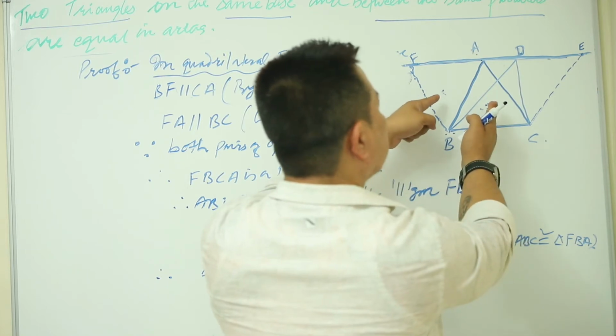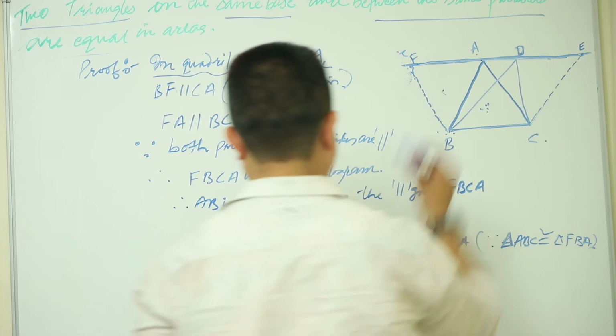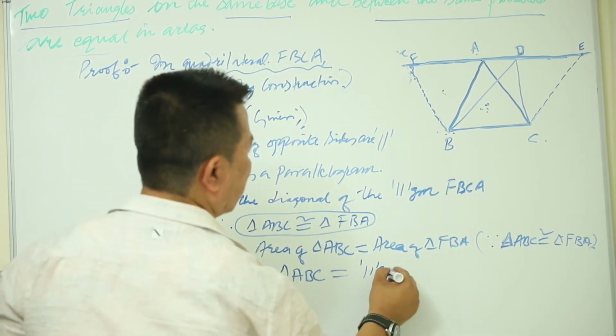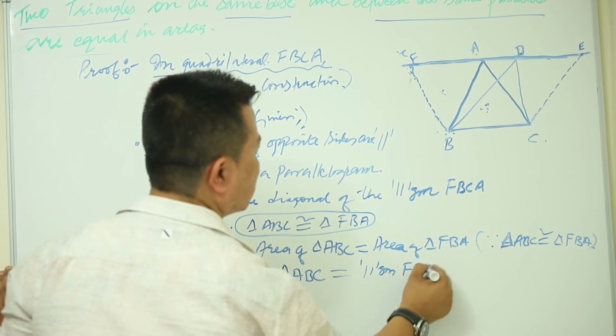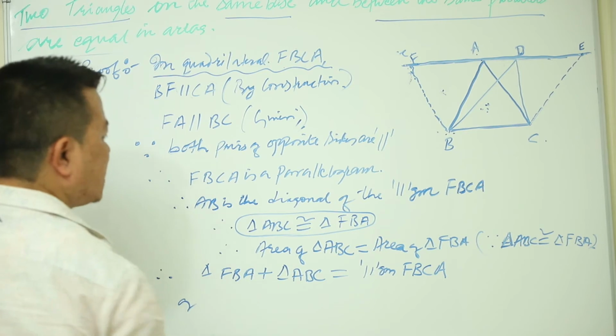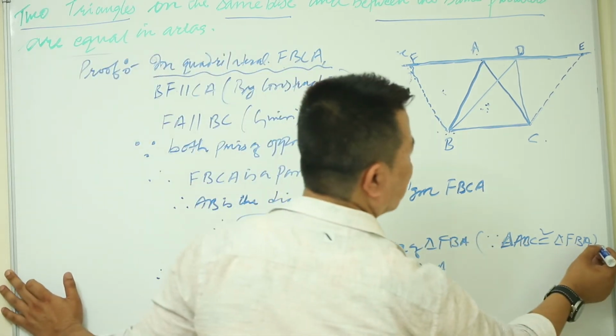That means when you add these two triangles, you will get the figure parallelogram FBCA. Now you have just proved this, right? You can prove this.